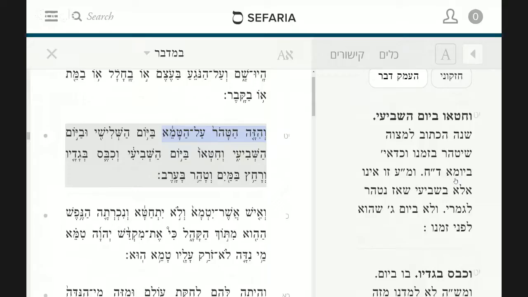That's not really helping us a lot. It is basically saying the scripture returns back to the mitzvah that he should purify at the right time, and it quotes the Gemara there.